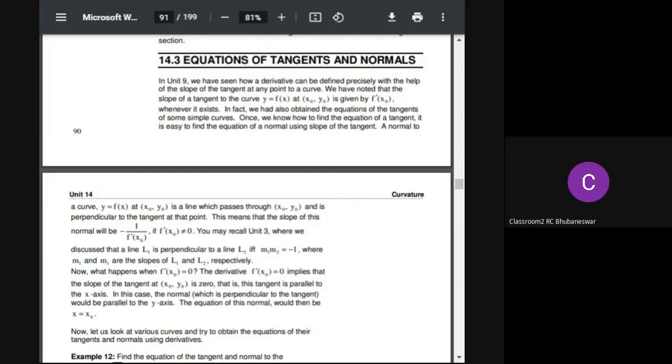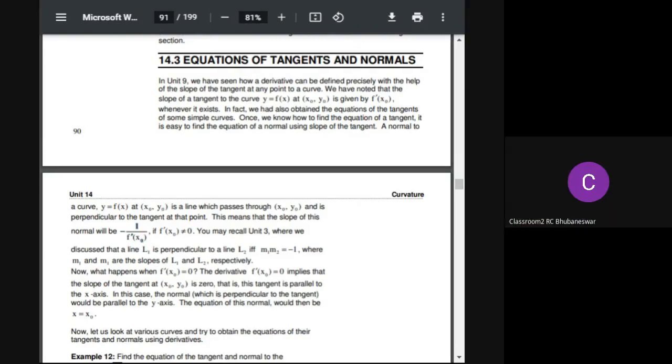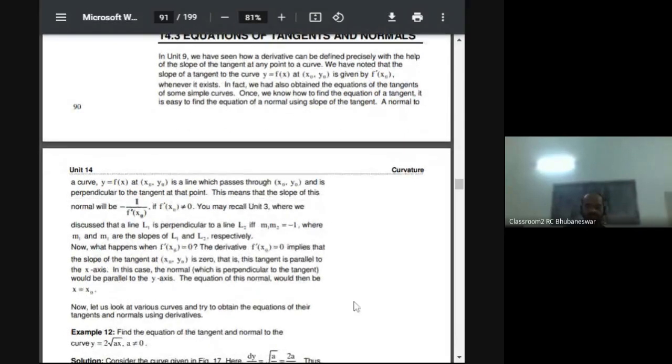Now this f dash x0 will always represent the slope of the tangent line, whereas minus 1 by f dash x0 will represent the slope of the normal at that particular point.